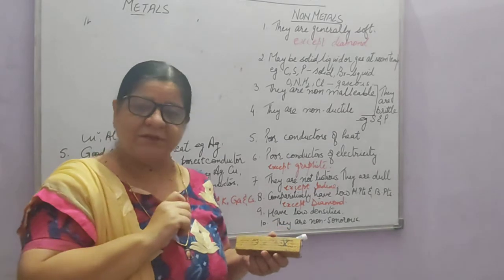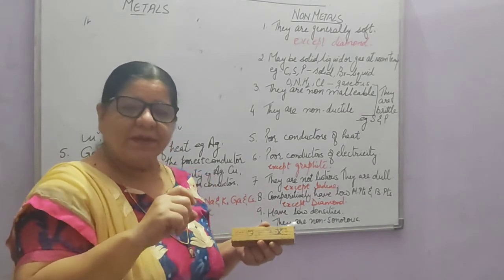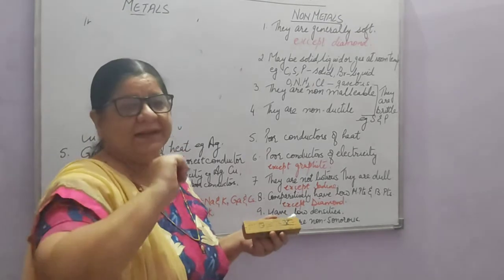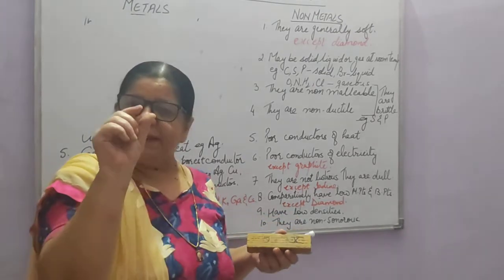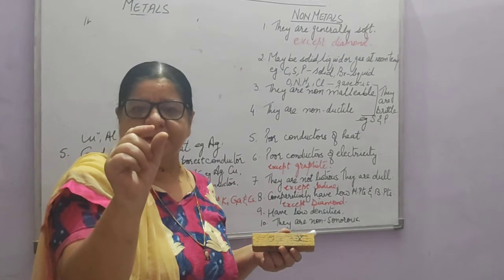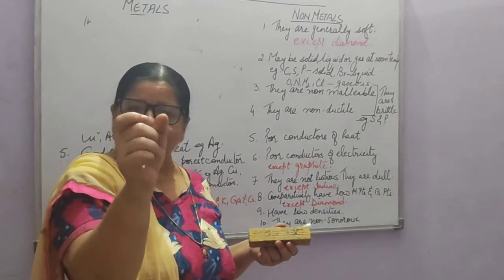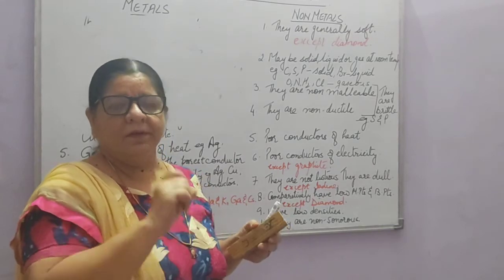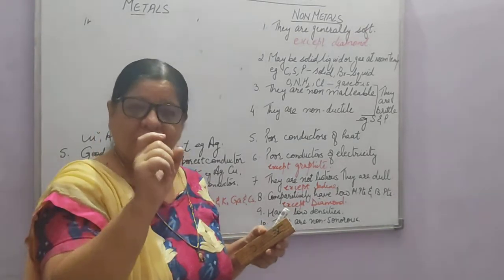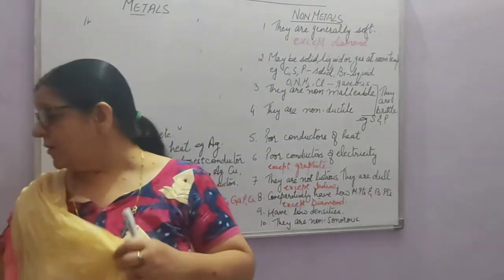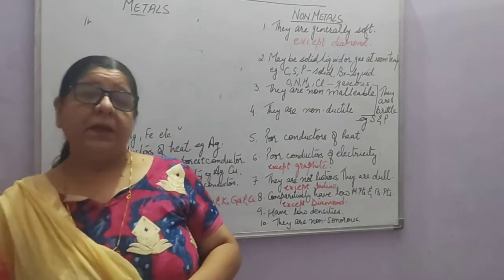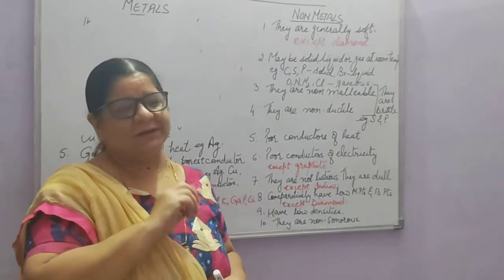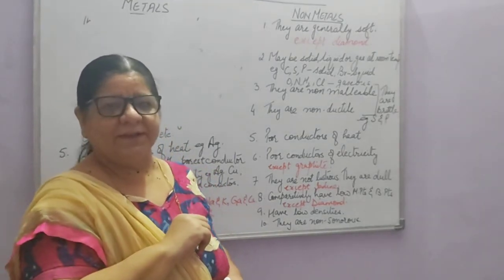That bulb will start glowing. That means that safety pin, because it is made up of a metal, has conducted the electric current. But in place of that safety pin, if in between the clips we add a rubber band, then what will happen? The bulb will not glow, because a rubber band or an eraser you can put, that is a non-metal, will not conduct electricity. Right?